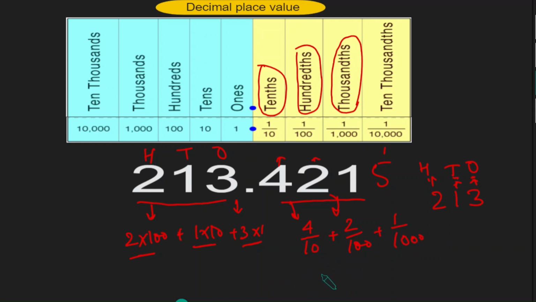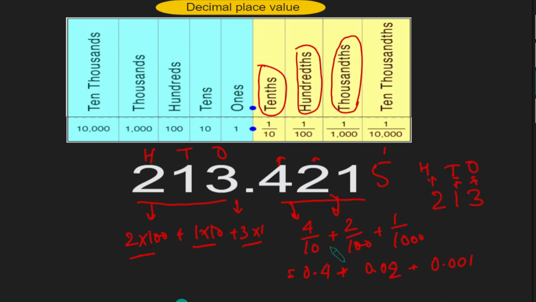If you go on putting this in decimals, this 4 can be written as 0.4. This 2 can be written as, because it is in the hundredths place, it will have 2 decimal places, so 0.02. Because this one is in the thousandths place, it will have 3 decimal places.